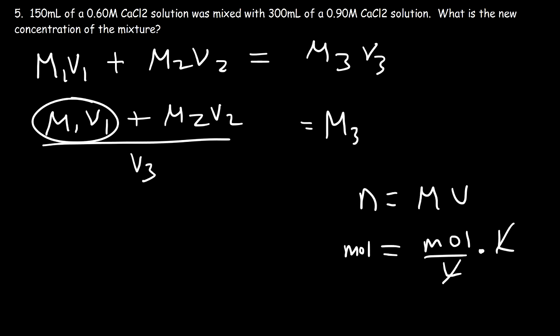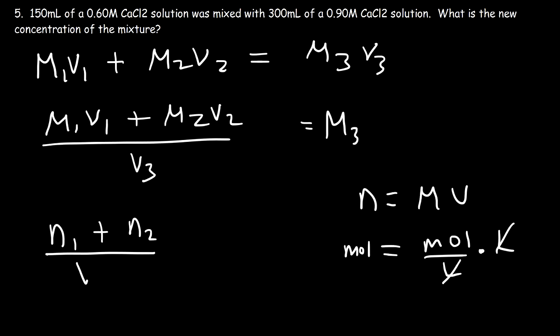So M1V1 is basically the moles of the first solution. M2V2 is the moles of the second solution. And V3 is the volume of the combined mixture. So n1 plus n2 is the total number of moles of calcium chloride.